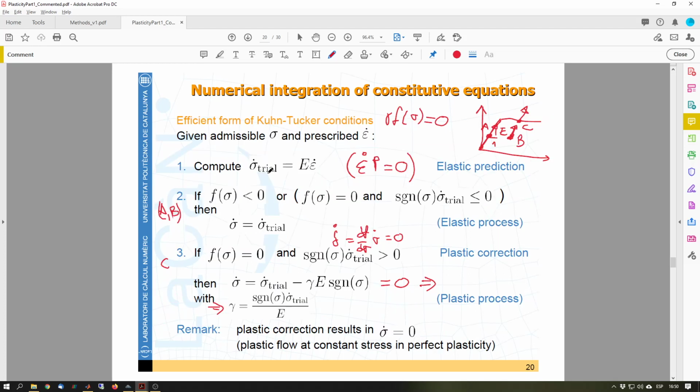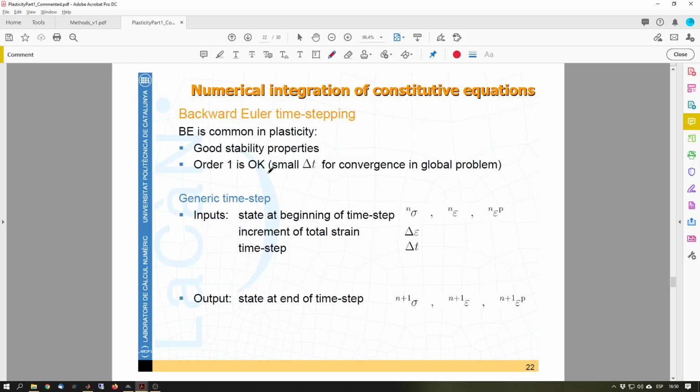How is this actually implemented? The general problem is that we have some values that we know. From that, we also know the elastic strain, which is the difference of the two.